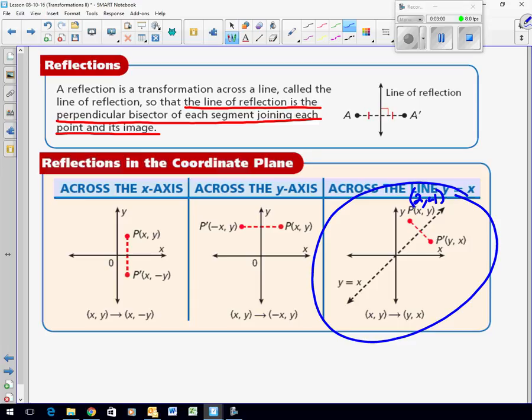Put it in practical terms. You started at this point P, and we said it's at 2, 4. If I reflect across the line y equals x, I will simply switch both coordinates. This point would become 4, 2. Okay?